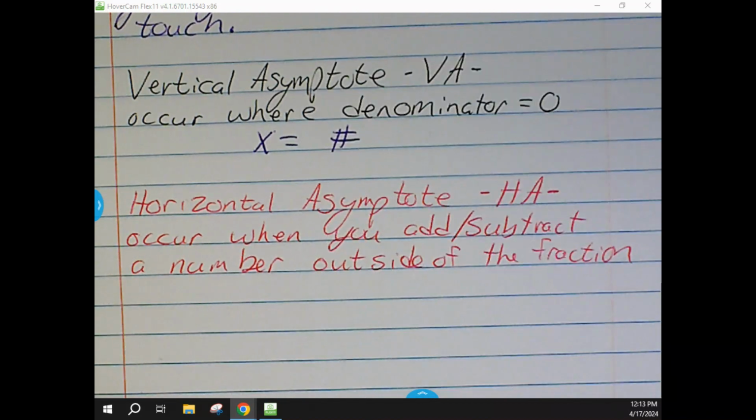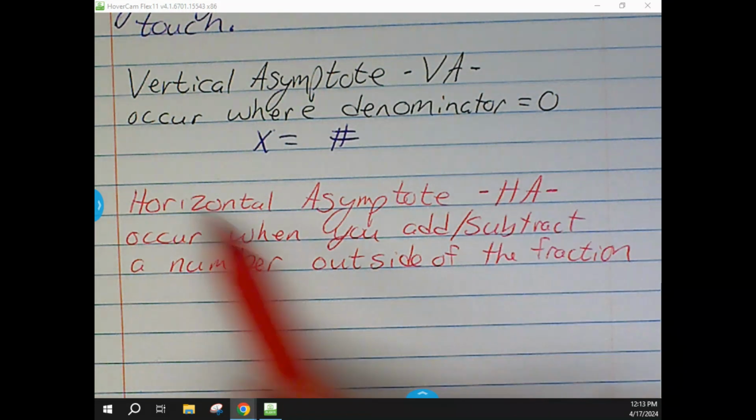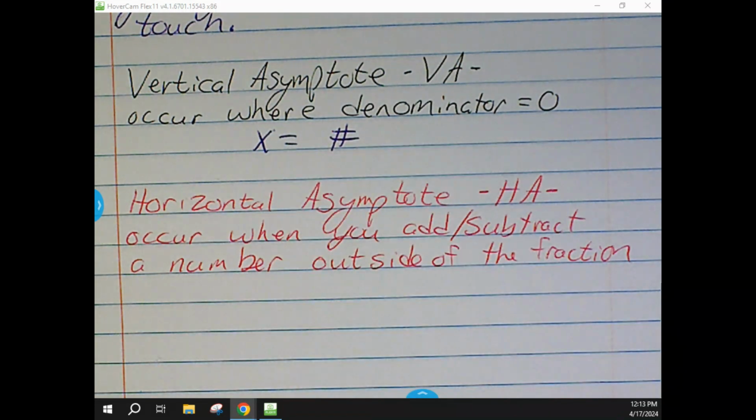Okay, so again, these are all going back to the inverse variation equations, which were fractions. So this one, we're basically looking at fractions. So vertical asymptote, that's where your denominator is going to be equal to 0. And your horizontal asymptote, this is where you're either going to add or subtract a number on the outside of the fraction.